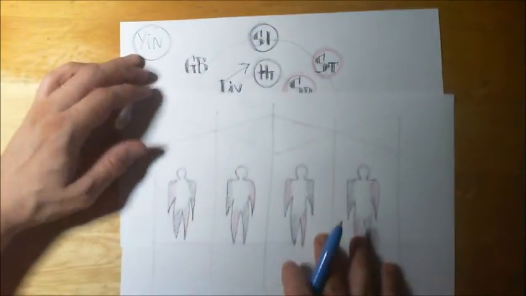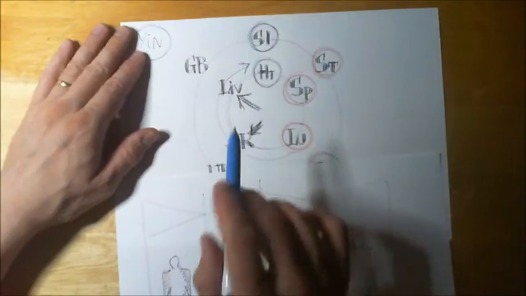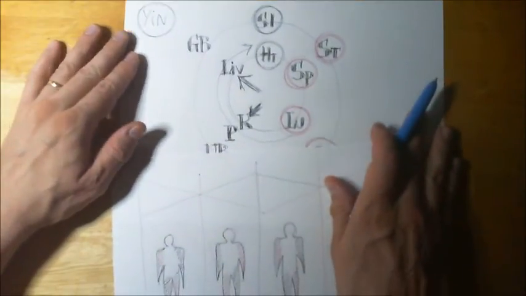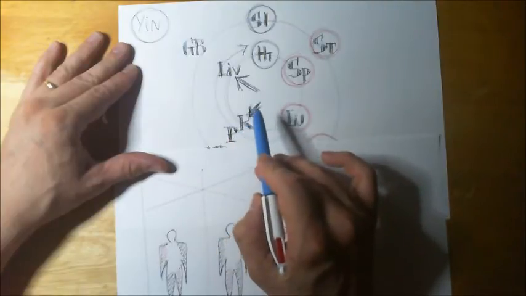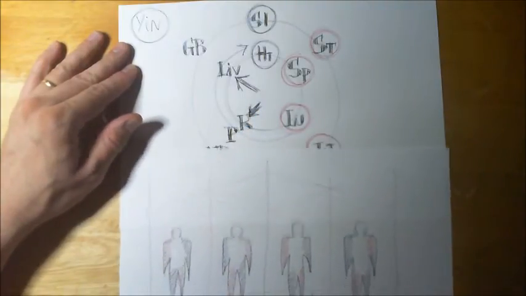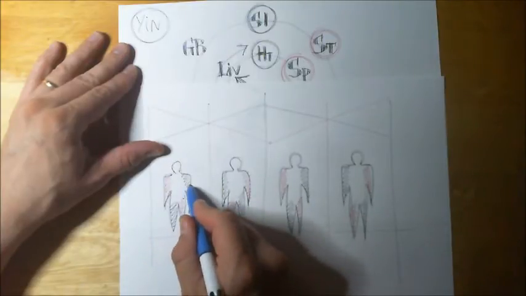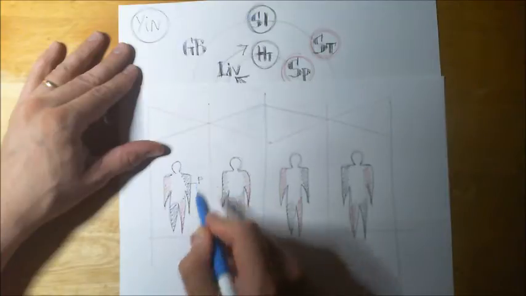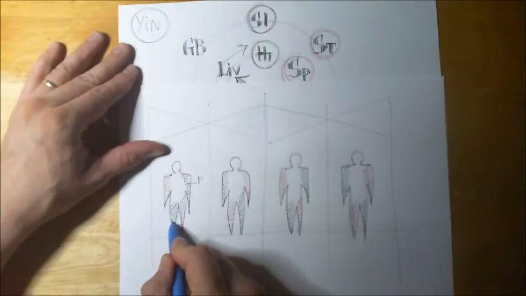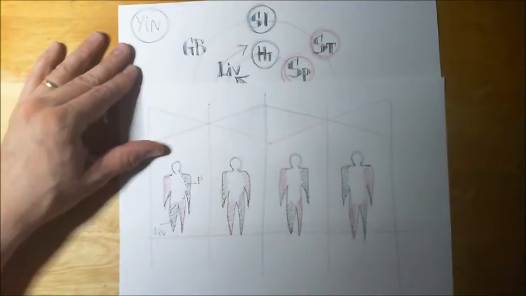So during the yin period we use the wrong on the liver and the pericardium. So we will use on the left hand the pericardium, and on the right leg we will use the liver.